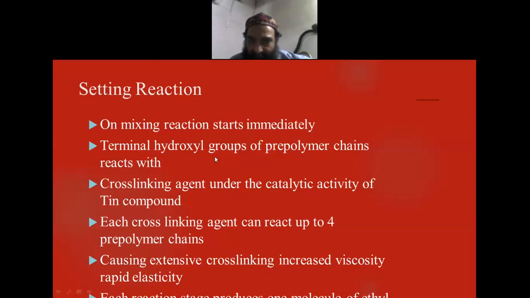Then the cross-linking agent, under the catalytic activity of tin compound, starts. Each cross-linking agent can react with up to 4 prepolymer chains, causing extensive cross-linking, which increases viscosity and rapid elasticity.